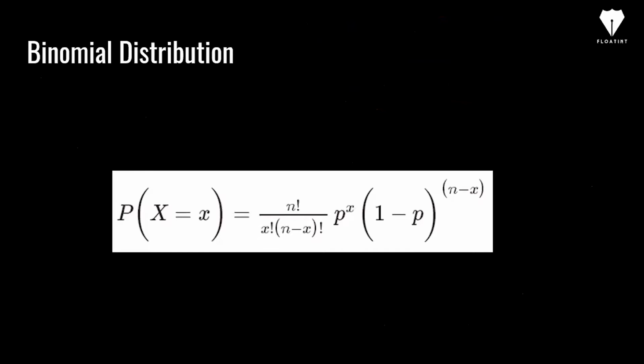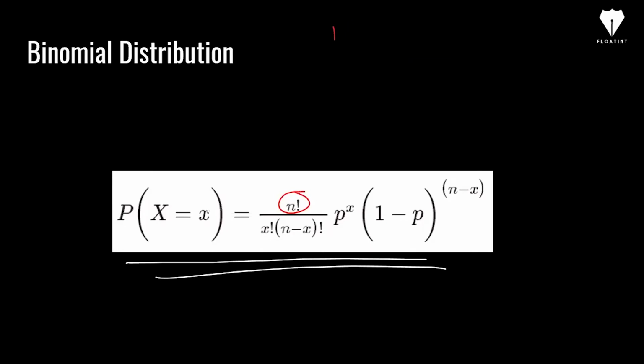In this case, the probability mass function is defined in this way. It is a function of x and the value of n. n is the number of Bernoulli trials that you do. So let's say I toss a coin 15 times, and then I want to know the probability of x equal to 4, that is how many times I'll get 4 heads. Let's say I define success as getting a head.